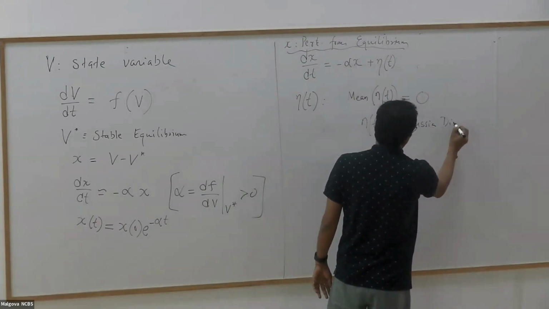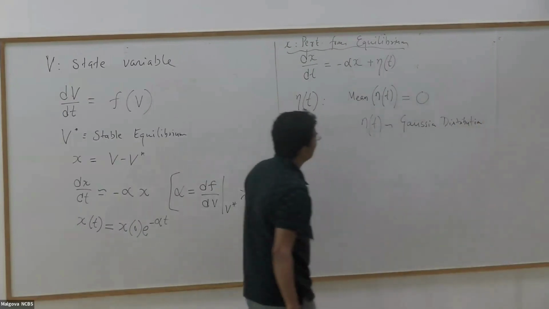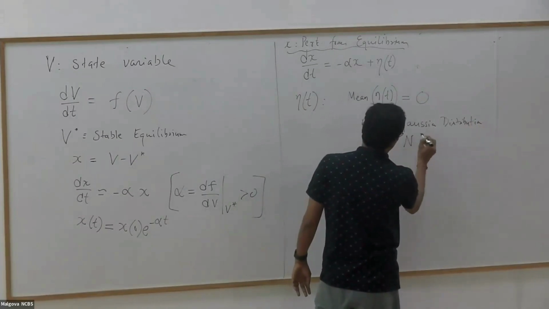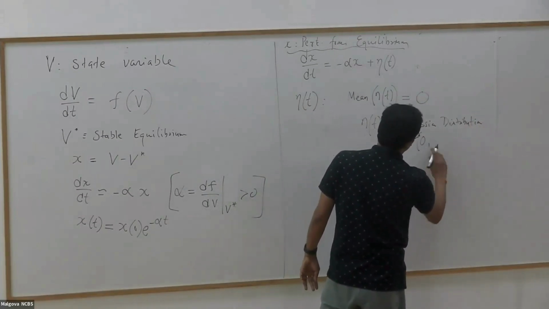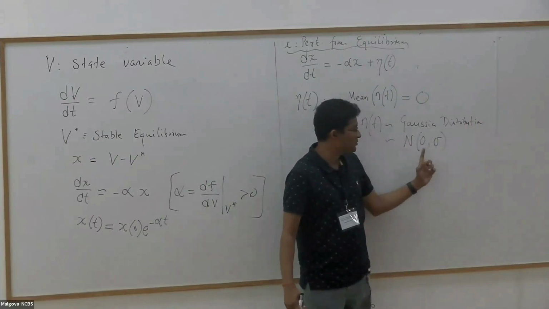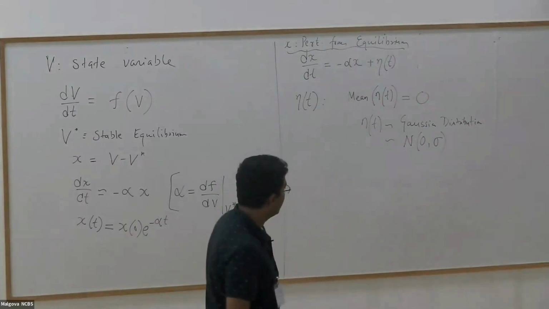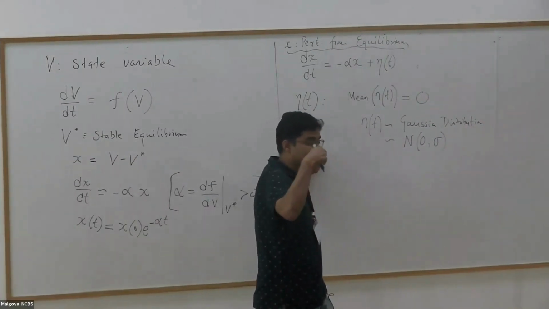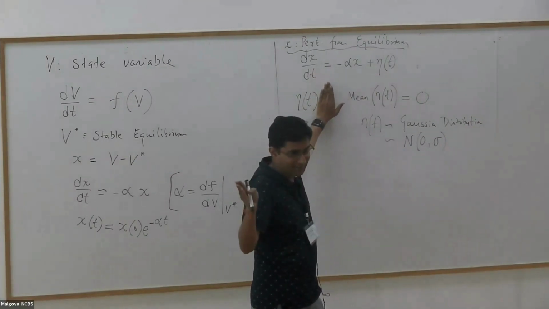Now, as I said, I'm going to be a bit sloppy from a purely mathematician's point of view. So more specifically, I'm going to assume that this is basically a normal distribution with mean 0 and a standard deviation sigma. Okay. Not only that, I'm drawing this crazy thing that is driving these perturbations at every point in time, right?